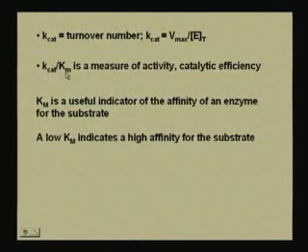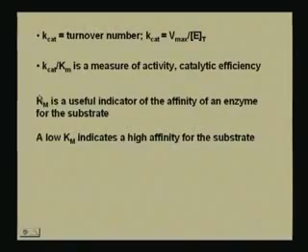Kcat by Km is a measure of activity, or rather the catalytic efficiency. Km, we understand, is a useful indicator of the affinity of an enzyme for the substrate. Why is that so? It is because it is relating the rate constants of the formation of the reactions, right? So what is Km a combination of?